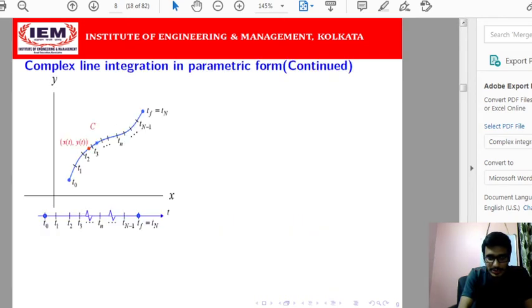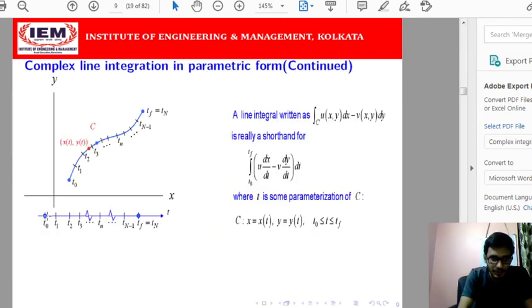Now I can denote this in the parametric form. In parametric form, we take some t1, t2, tn, and corresponding to those values I get some z1, z2, zn over the curve. Instead of identifying a point z, we can identify the point in the form of the parameter t by x(t), y(t). So x is dependent on t and y is dependent on t.